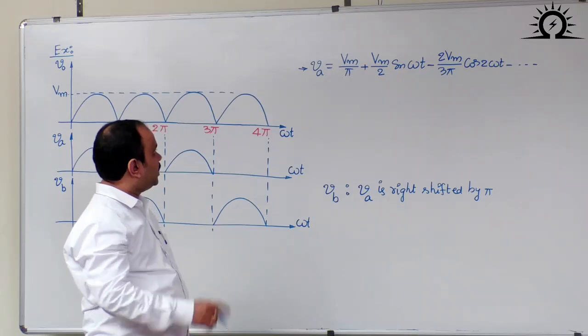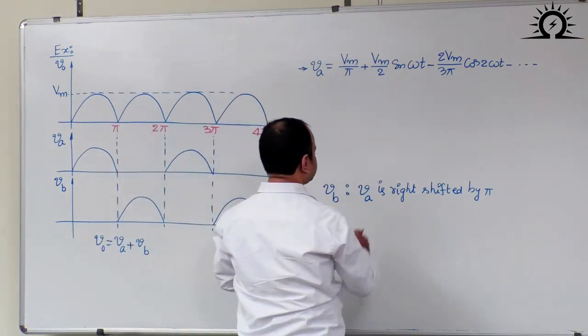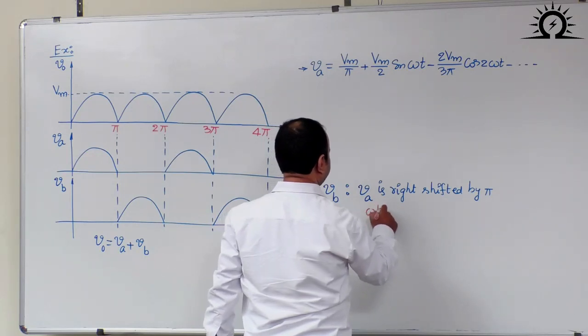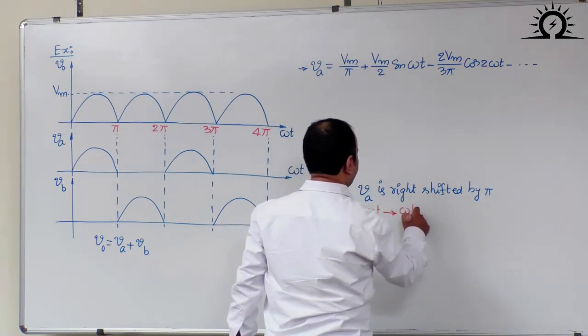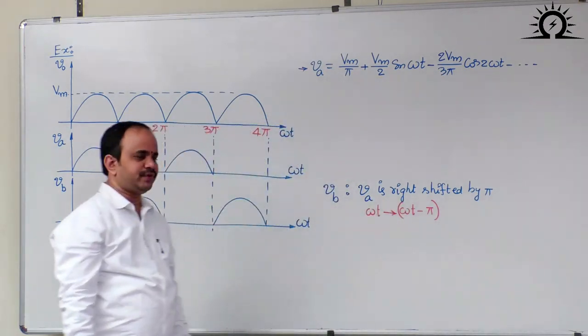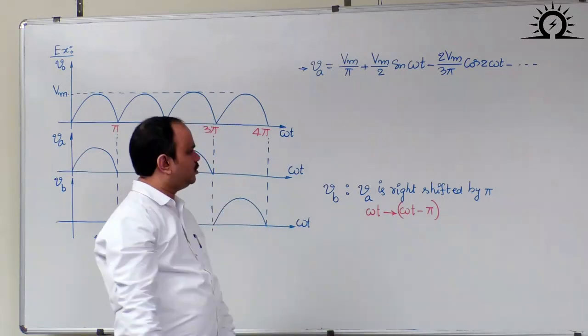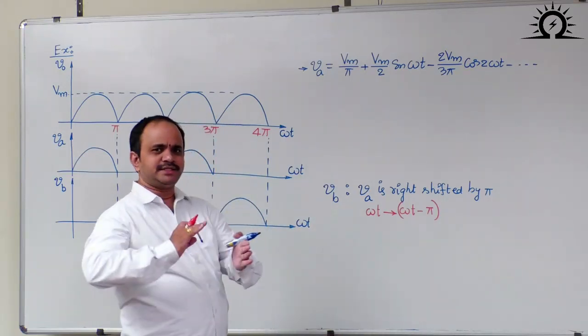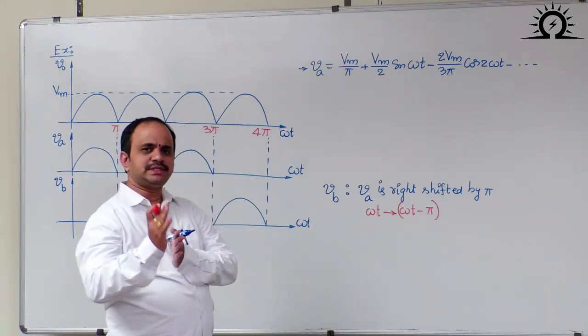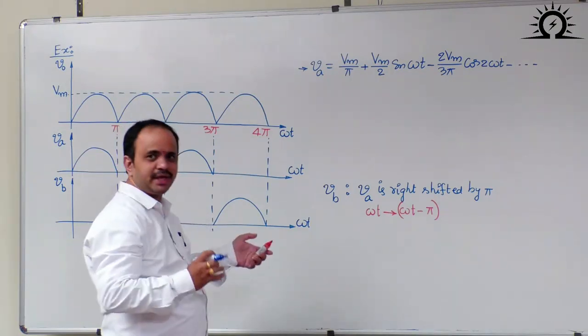Therefore, what you have to do? In the VA expression, each omega t term should be replaced with omega t minus pi. No need to worry here. The shifting theorem you will study in more detail in the signals and systems subject. This is one application.